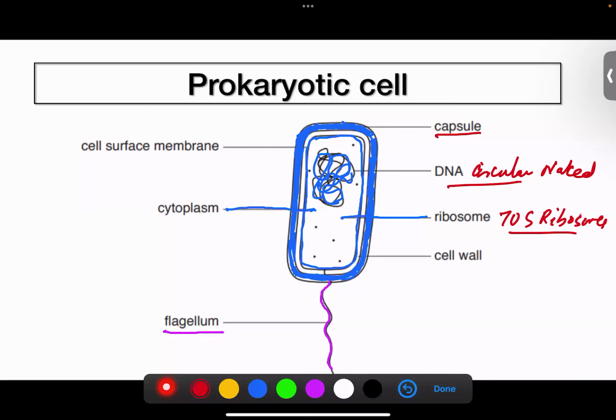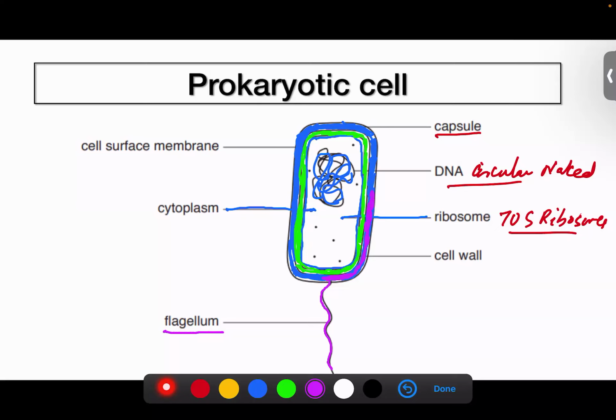And then we have this cell wall. So if I draw this cell wall with this green color, so this is a cell wall which is right outside the cell membrane. And then further on outer side, this part is the slime capsule.